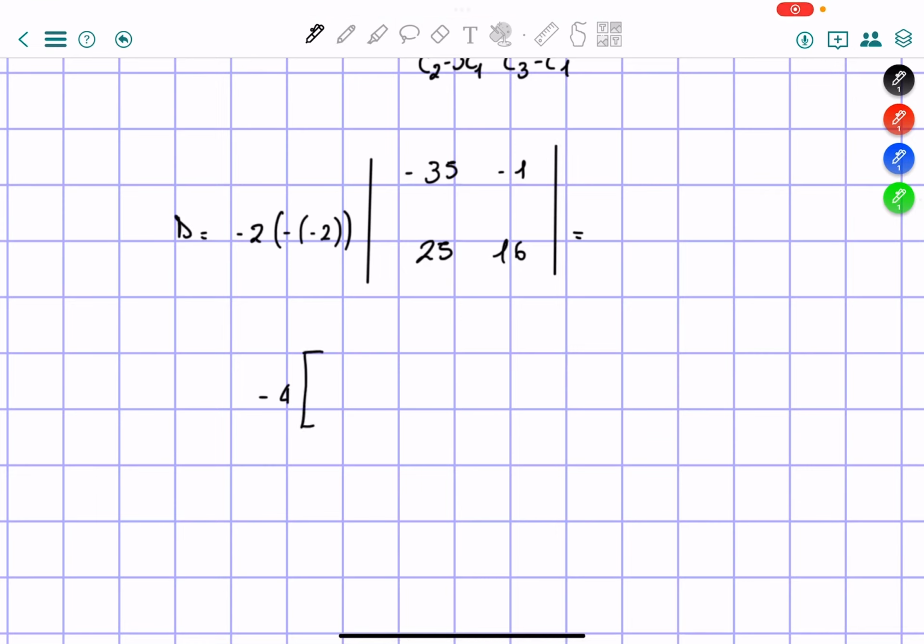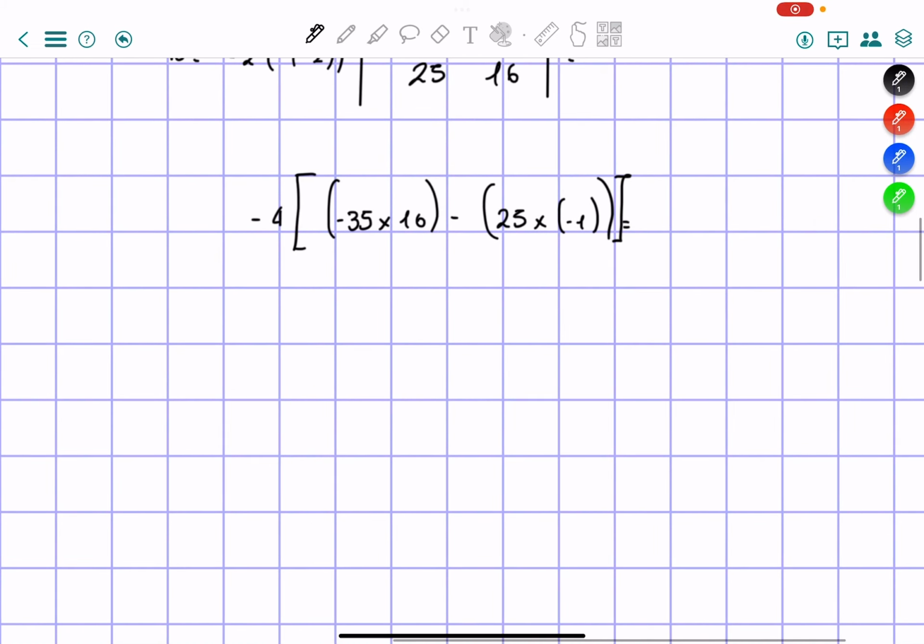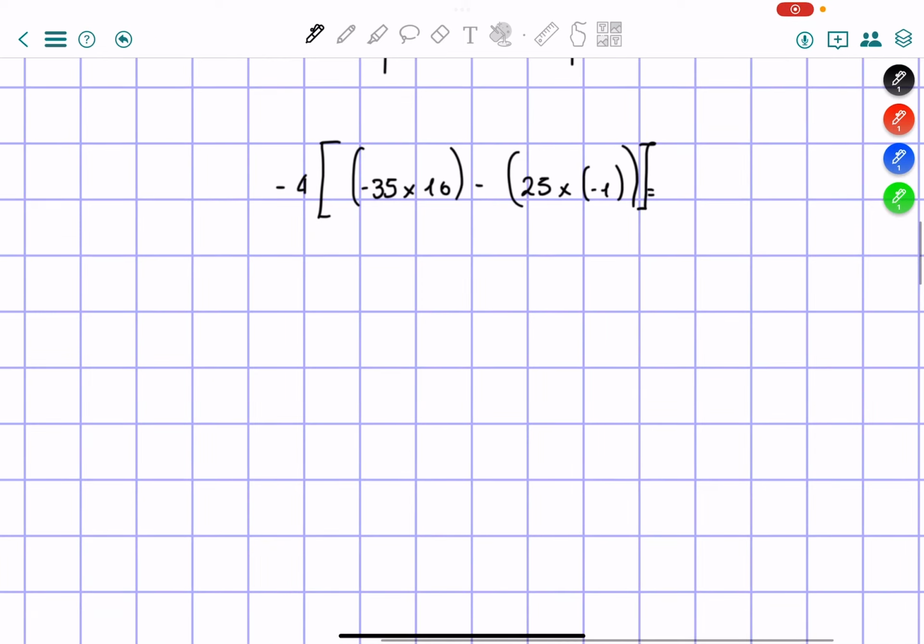It's going to be equal to negative 35 times 16 minus 25 times negative 1. So this thing is going to be equal to negative 35 times 16, which is negative 560, minus, which is going to be plus 25, and everything multiplied by negative 4.